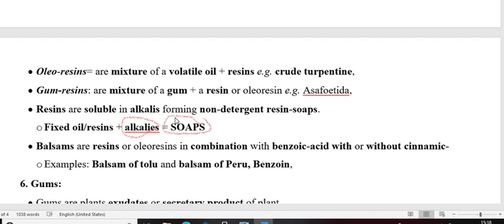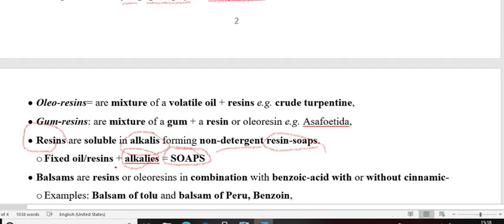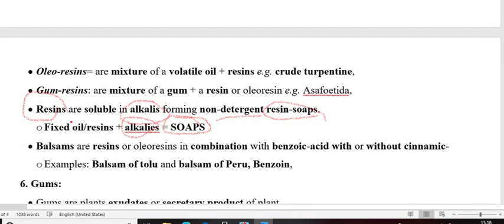So how do we make soaps? When you mix the resin with alkali, it forms a resin soap, but it is non-detergent in nature. And fixed oils along with alkalis also form soaps.